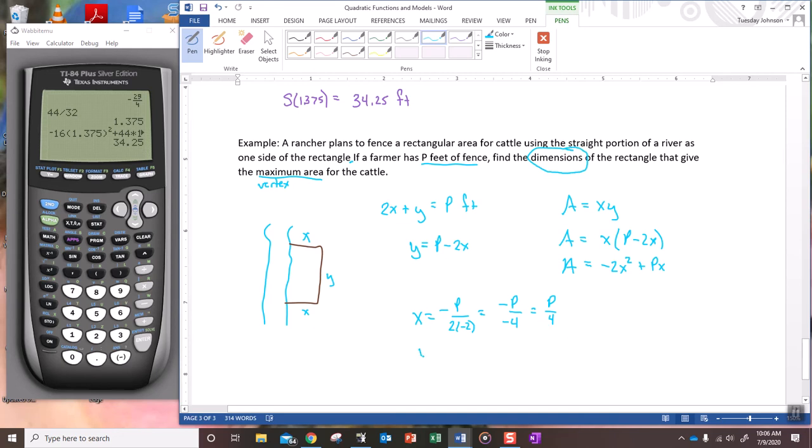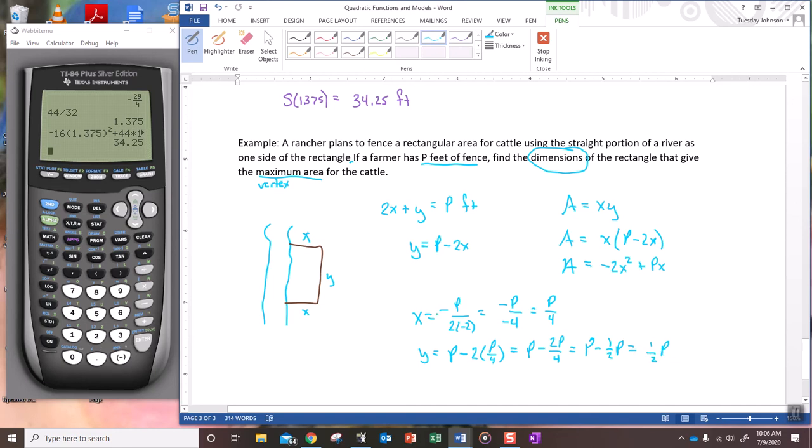I can find my y value, p minus 2 times p over 4. This is p minus 2p over 4. That is p minus half a p. Look at that. They work out. And that's 1/2 p.